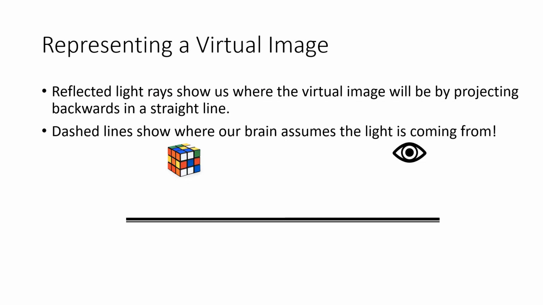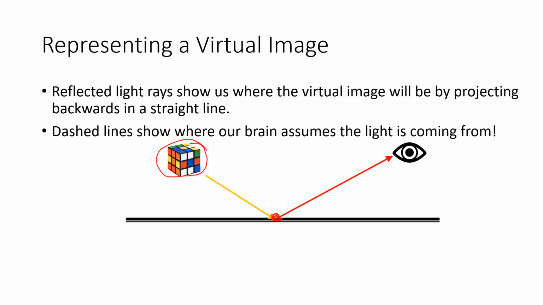So to represent the virtual image of an object in a plane mirror, we usually use ray lines to show where that object will be. So if we put in our angle of incidence line and reflected line, we can see that the eye is going to perceive that the light coming from this object here is coming from this space here.